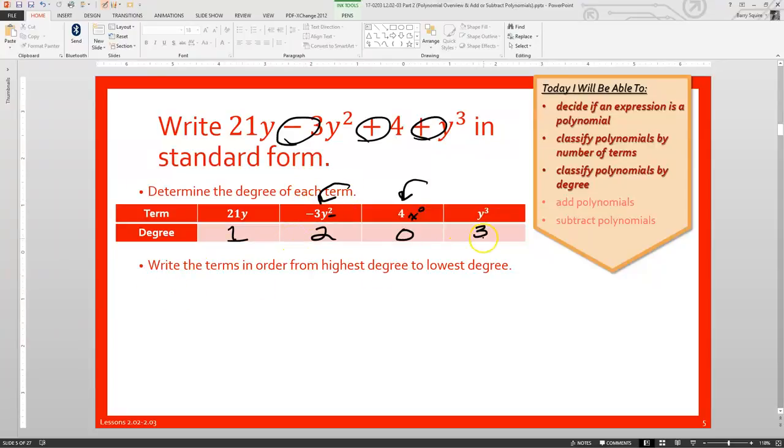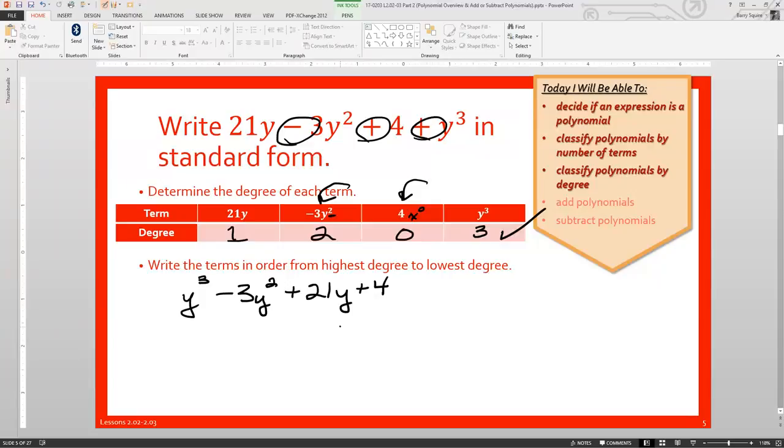So in order of degree, we would have y cubed, there's our 3rd degree. Then our 2nd degree term, negative 3y squared. Then our 1st degree, plus 21y, plus 4. So now we have written this in standard form. Everything is simplified, and they're in order of degree from highest to lowest.